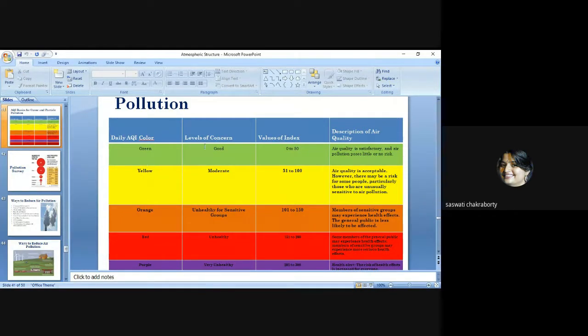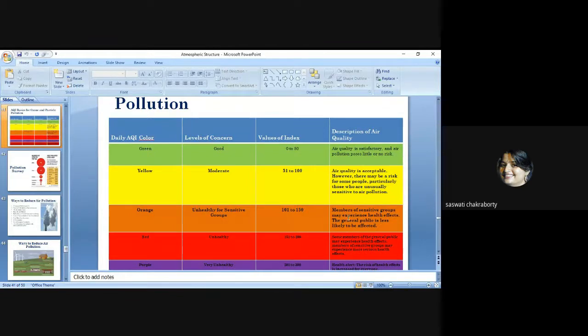Yellow, level of concern is moderate. Values are 51 to 100. Air quality is acceptable, although sensitive people can be at risk. Orange, unhealthy for sensitive groups, the range is 101 to 150.